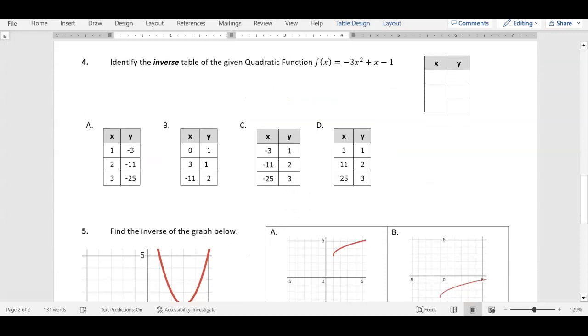Now, find the inverse table. Okay, first we need to get this table over here, right?